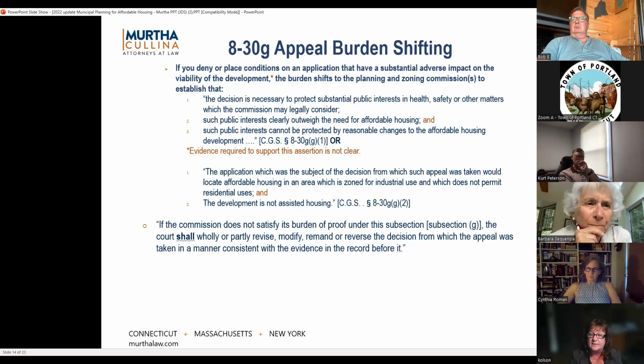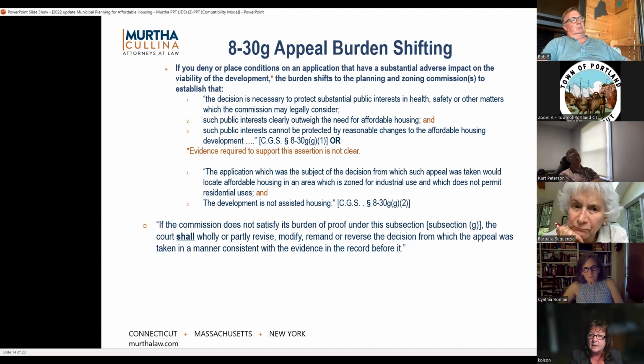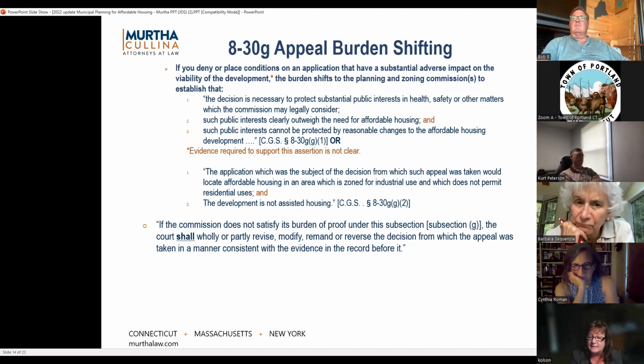So it's got to be something that you have a right to lawfully consider, which usually arises from what's in your regulations, okay? And then you have to prove that the public interest in that particular criterion and denying the application clearly outweighs the need for affordable housing.